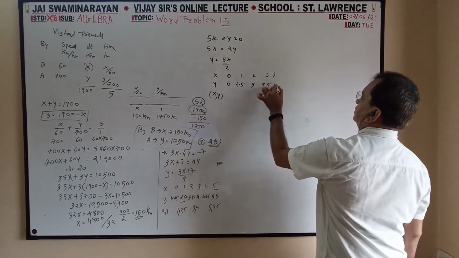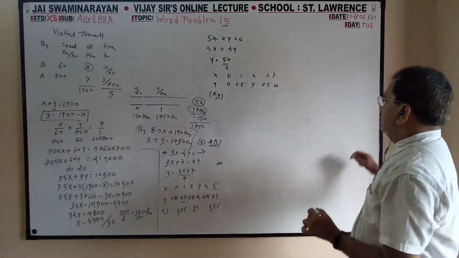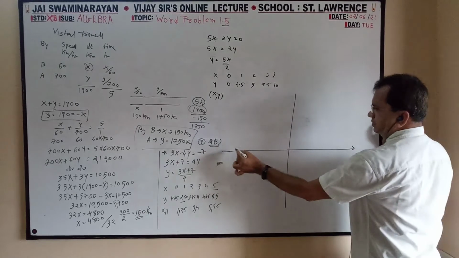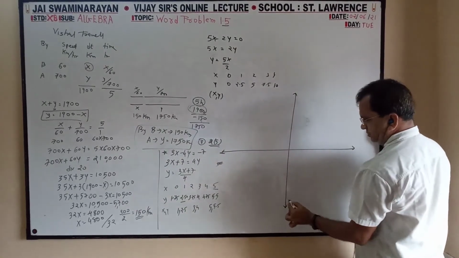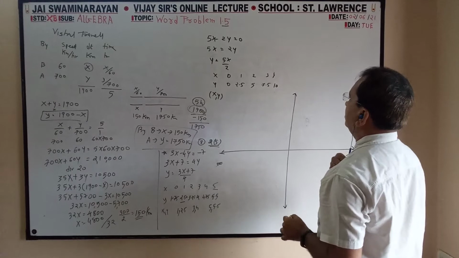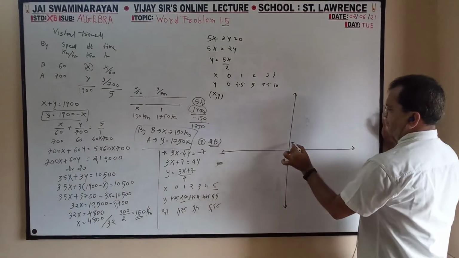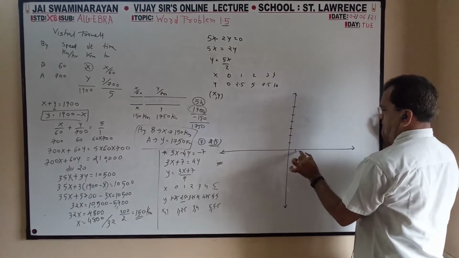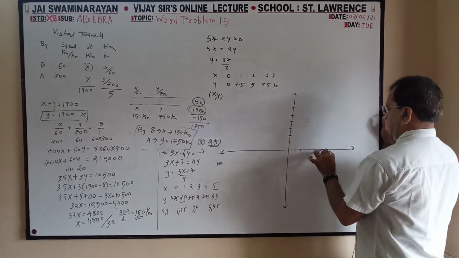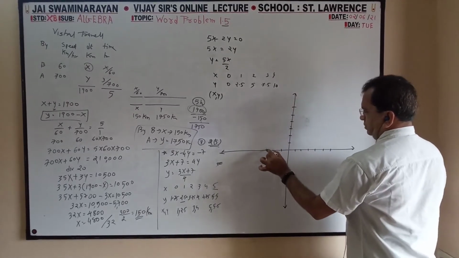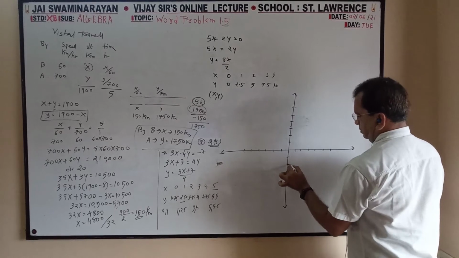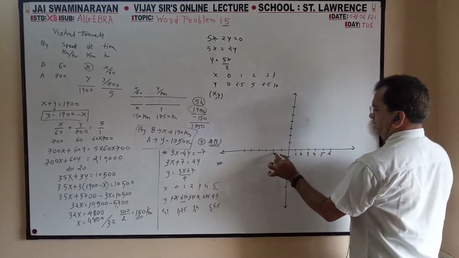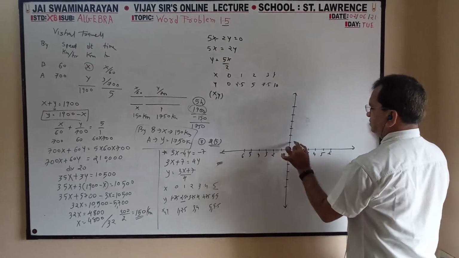Now on the graph, the range here is 5 maximum, and here also you can take maximum 5. One, two, three, four, five, six on each axis.